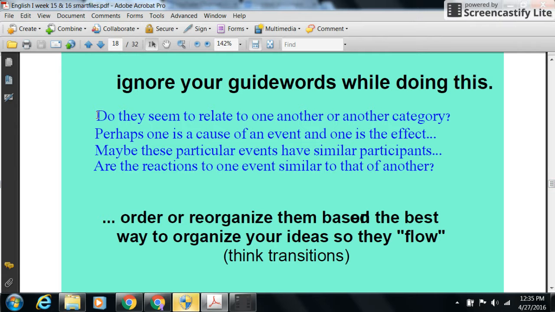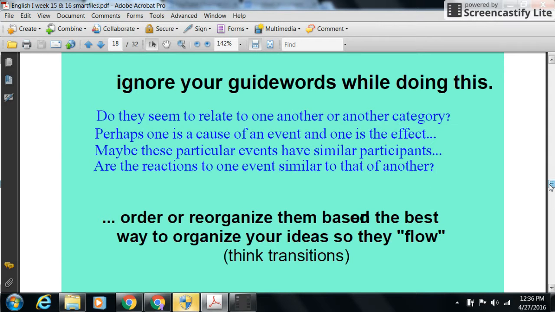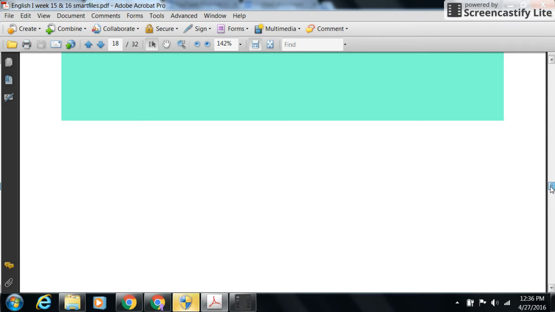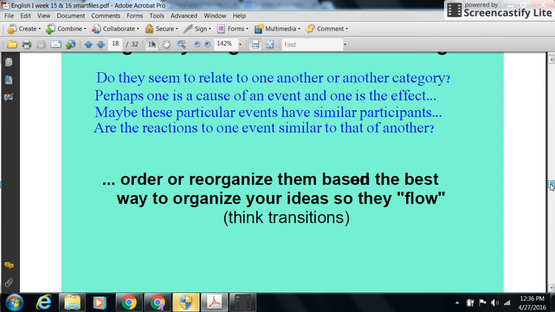Do these cards that you have laid down in front of you relate to one another? Are they cause and effect? Do they have similar participants, reactions? Are they all part of some kind of event? So you're going to think about how you can reorganize those cards and your ideas so that they will flow within a paper and an organization.